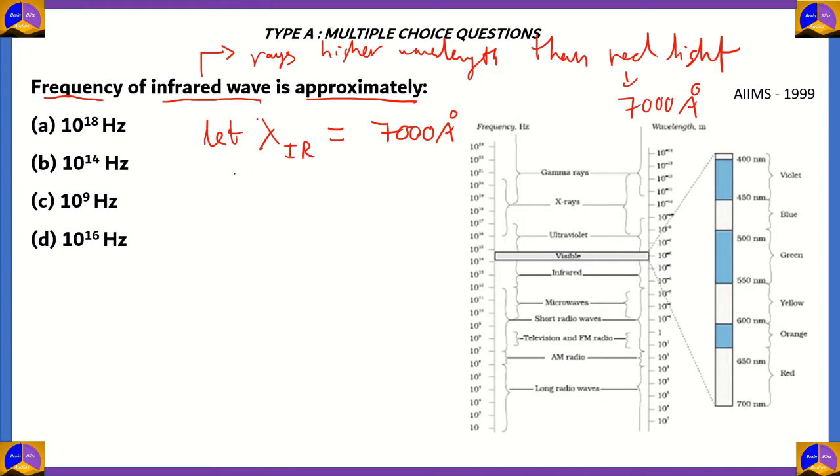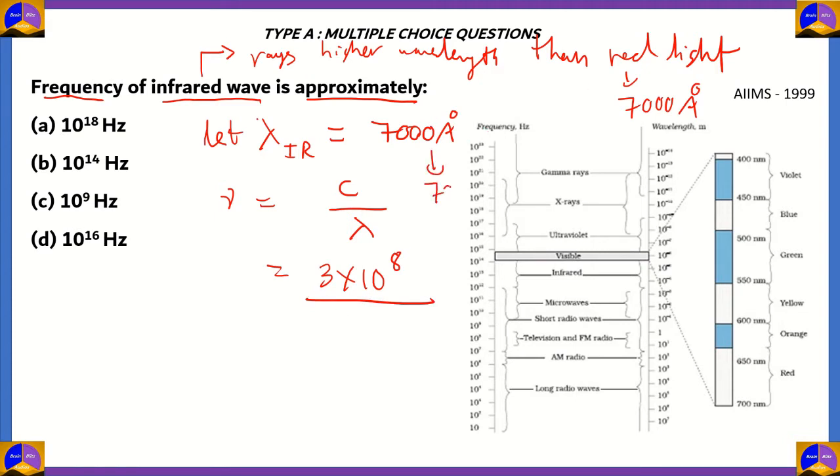Now, we use the formula to find frequency. Frequency is equal to speed of light divided by the wavelength. Nu is equal to c divided by lambda. C is the speed of light, which is 3 into 10 raised to 8, divided by lambda, which is 7,000 angstroms.